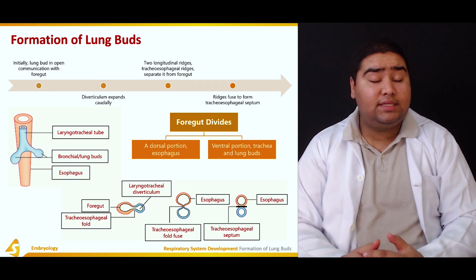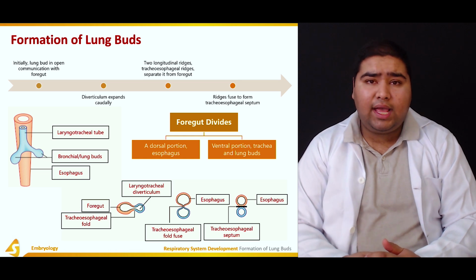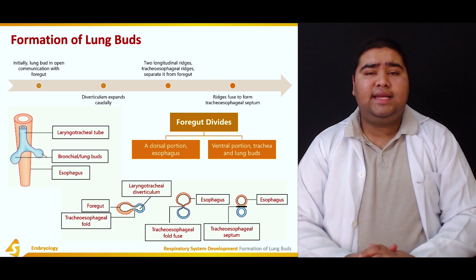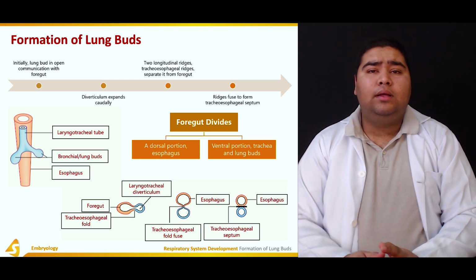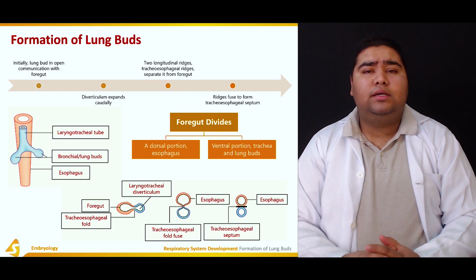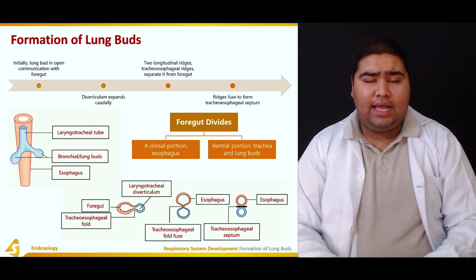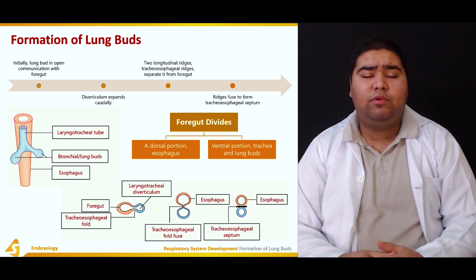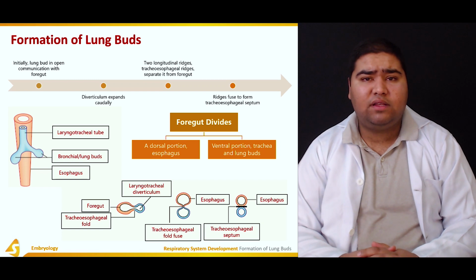Its development requires retinoic acid to be secreted from the surrounding mesoderm. This retinoic acid acts on the endoderm, and it causes the formation of this lung bud and also helps in the maturation. How does it do that? With the help of transcription factor TBX4.